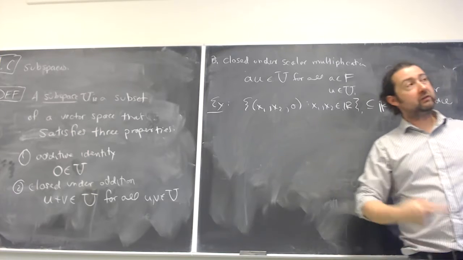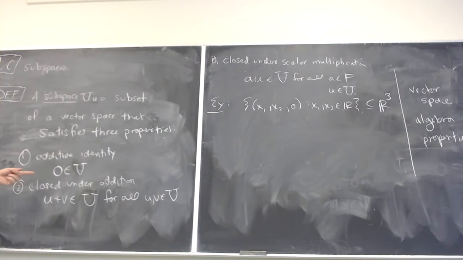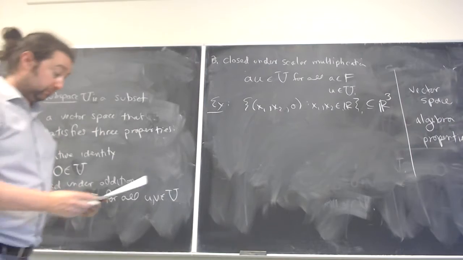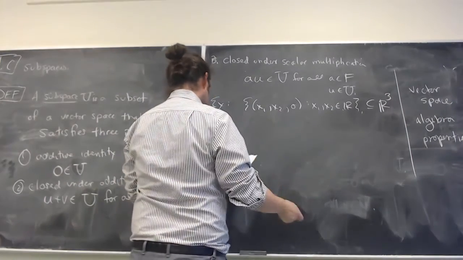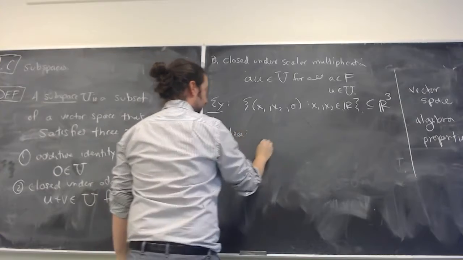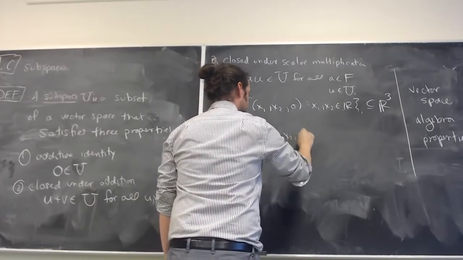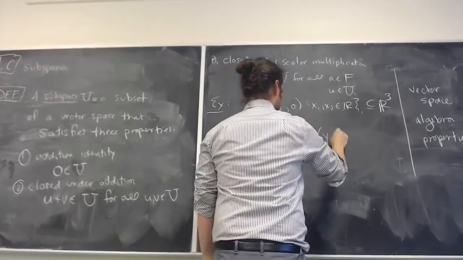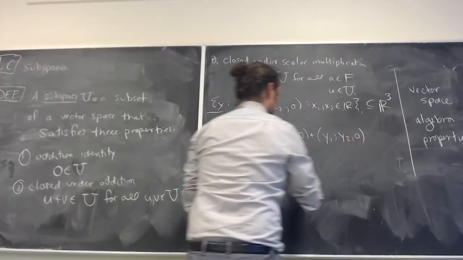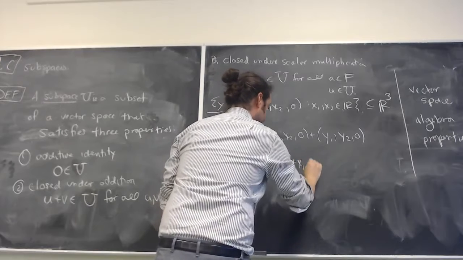Now, to assert that this is a subspace is to say 0 is inside of it. If I add two vectors inside of it, I can't leave. And if I stretch any vector inside of it, I can't leave. It's pretty easy to check that if you had two elements inside the space, you get another one of the same form back again.